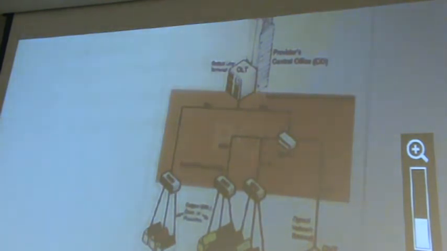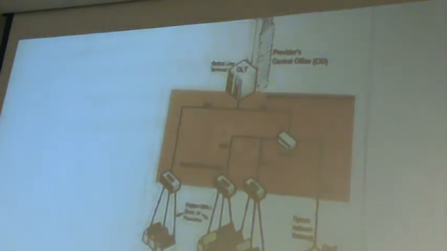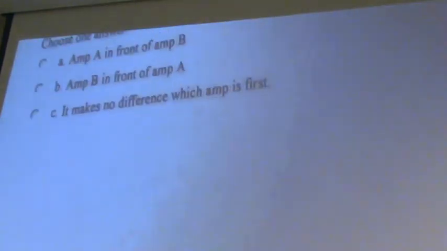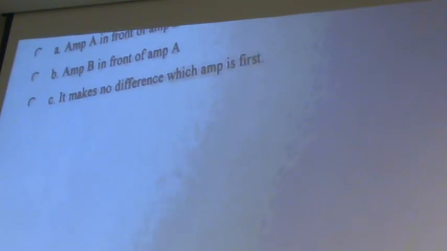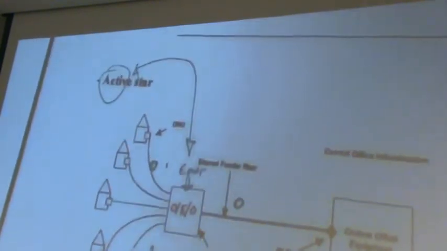Active star. See, it's got the word active in it already. It makes me think that's going to have more electronics. And if I can find the picture, there it is. In active star, you might think of this one as running second place.